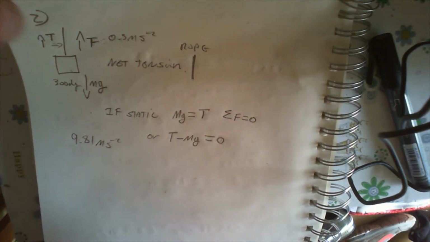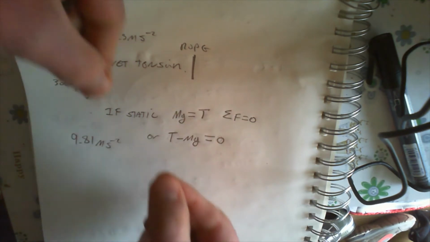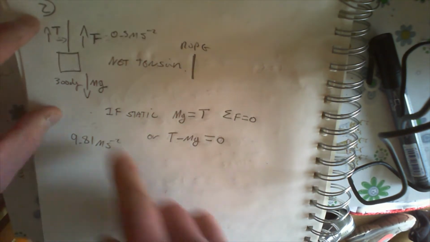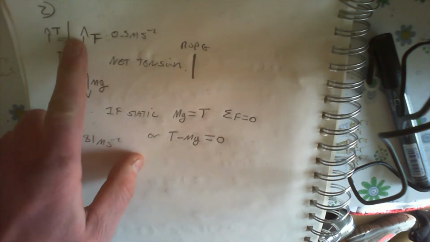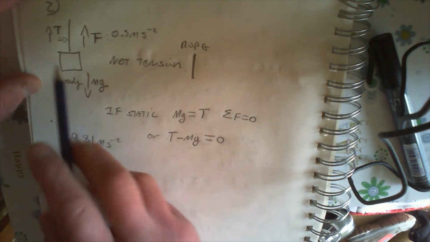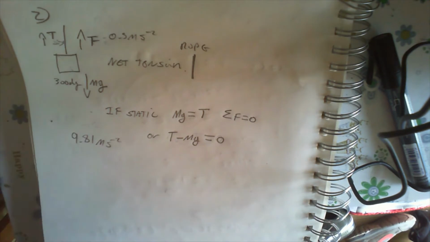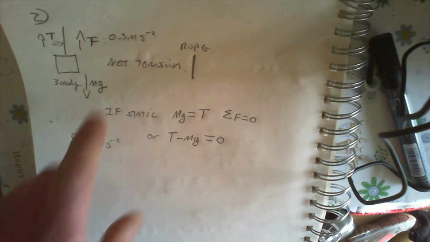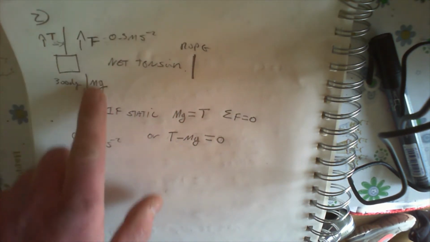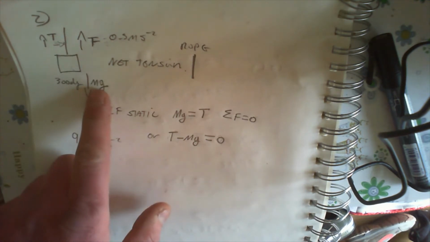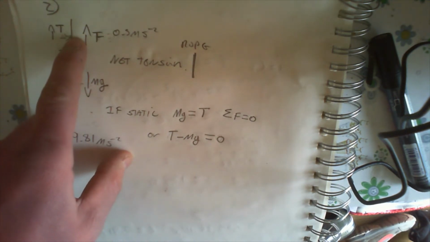This effect of pulling this rope or wire causes a tension in the wire, and that is the net tension, the net force left acting on this wire.